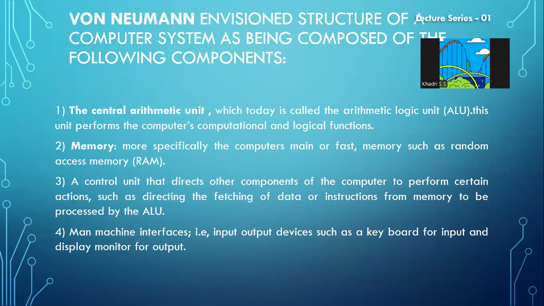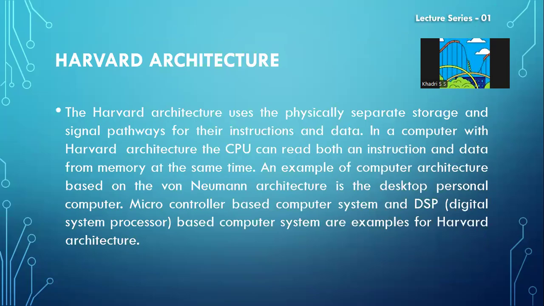But the Harvard architecture has physically separate storage and signal pathways for instructions and data. In a computer with Harvard architecture, the CPU can read both instructions and data from memory at the same time.